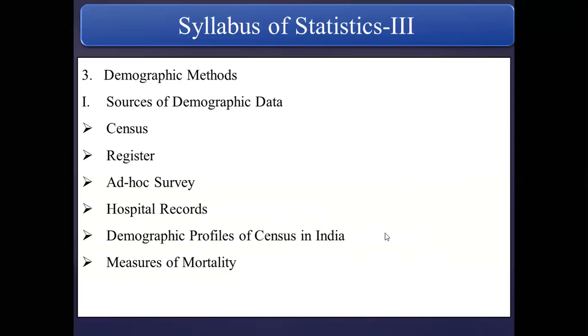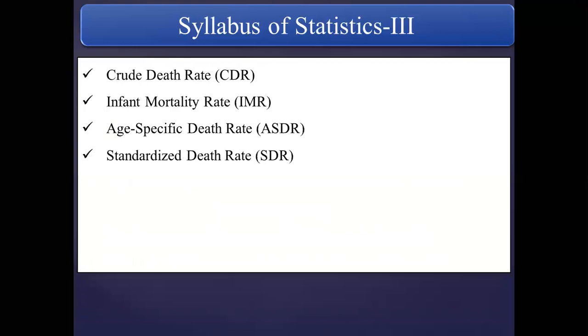Okay, so after this, we will see the meaning of crude death rate, infant mortality rate, age specific death rate, standardized death rate. So let me explain these concepts in brief.